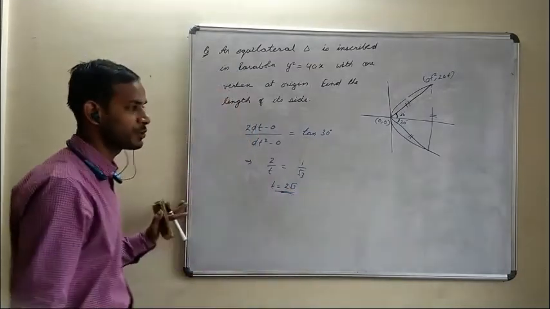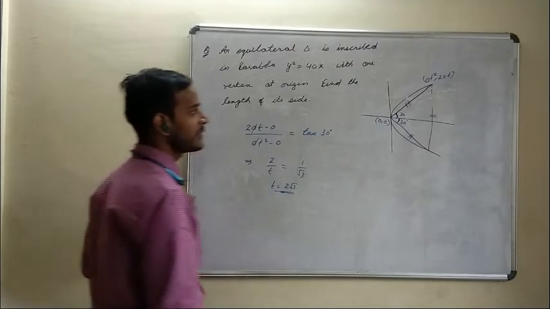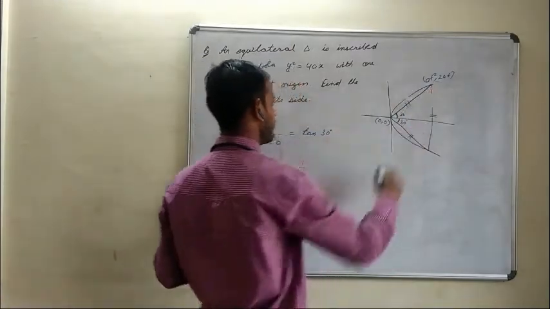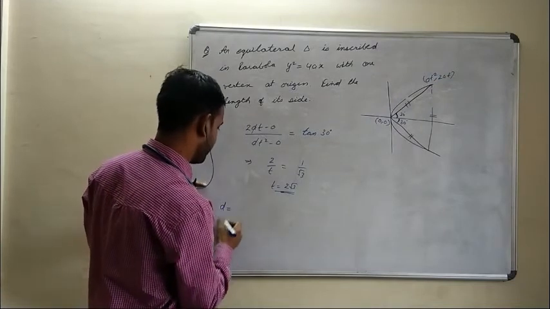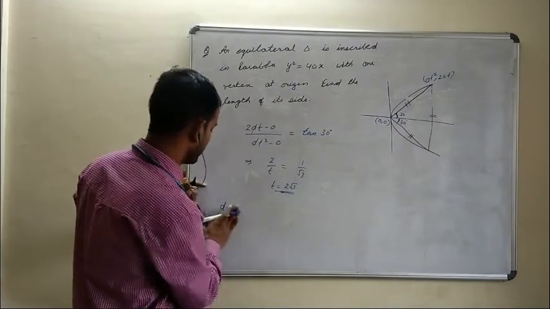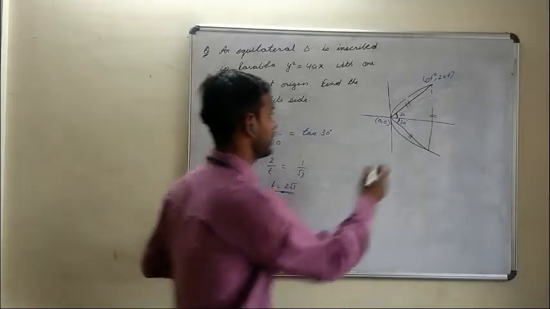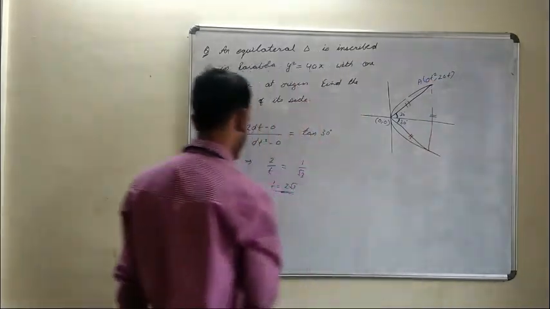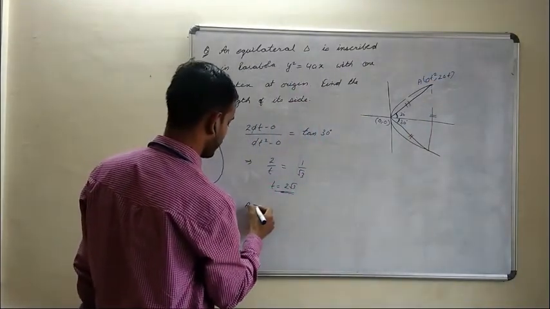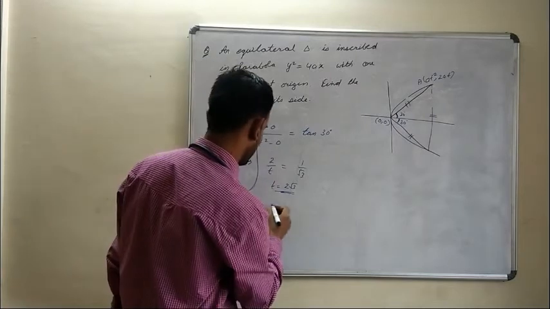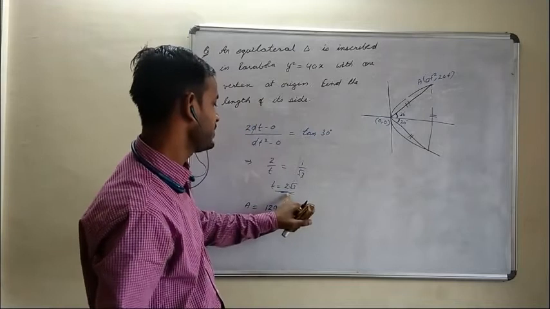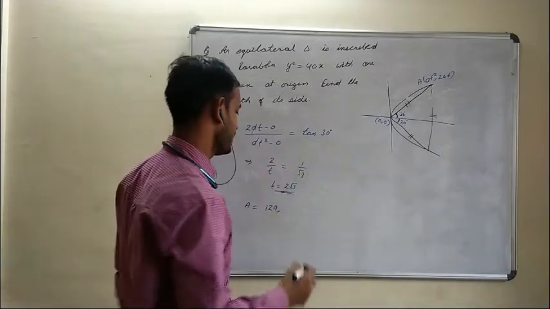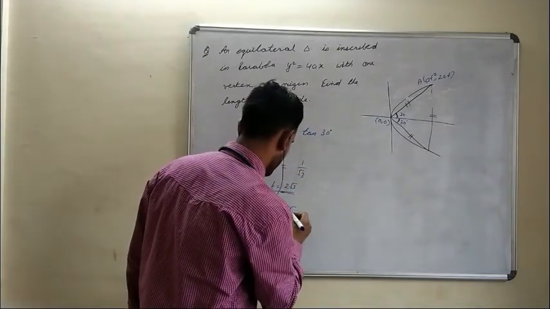So when t is equal to 2 root 3, we can easily calculate the distance between these two points. First calculate the point A. So the point A will be (12a, 4 root 3 a).